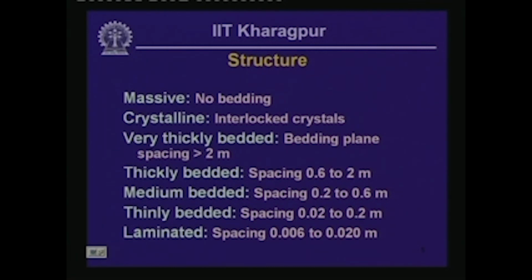Then the rock could be medium bedded. Here the spacing is between 0.2 meter to 0.6 meter, or it could be thinly bedded, spacing between 0.02 meter to 0.2 meter. And finally, we get into laminated rocks such as phyllites, where we have spacing between 6 millimeter and 20 millimeter.